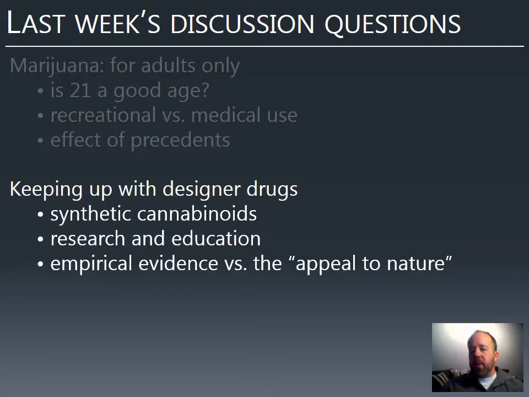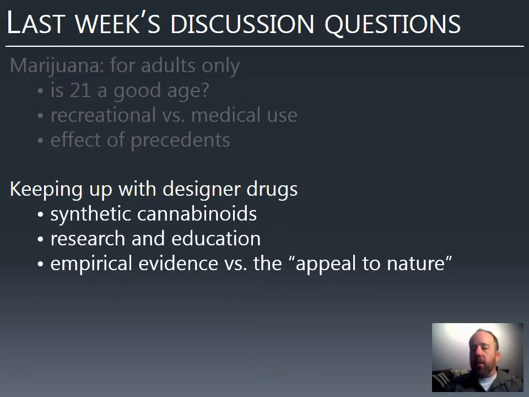One other thing that comes up in this topic quite often is the idea that marijuana is a natural product, that you should avoid synthetic cannabinoids, but that natural ones are less harmful. And that's true in the case of marijuana versus these synthetic cannabinoids. But it's not true because it's a natural product. It's true based on empirical evidence.